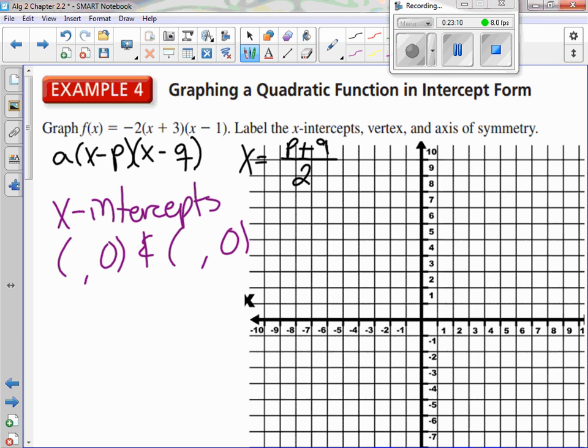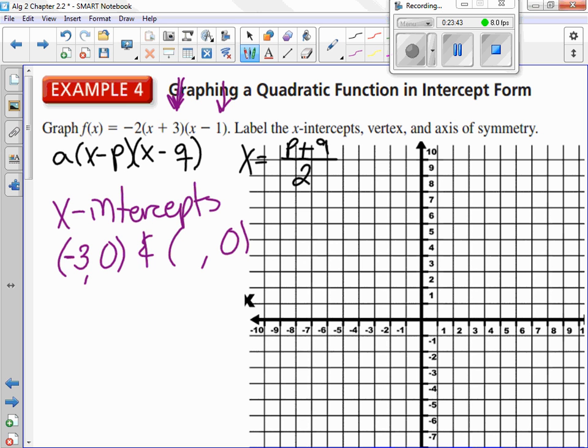The y value for the x-intercepts will always be 0. Now, p and q are these two values right here. Now, if you notice, here they're minus, kind of like what we did with the vertex. The number that's coming out of these parentheses is going to be the opposite sign of what it is, yes? So here, since we have plus 3, it means it's going to be what? Negative 3.